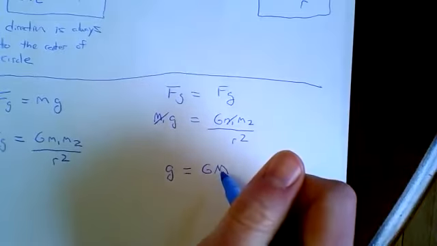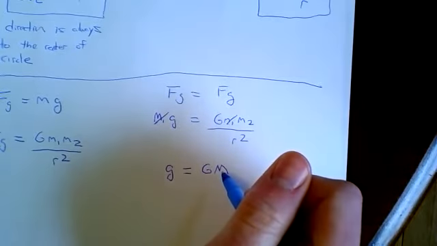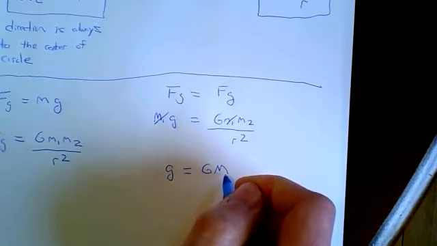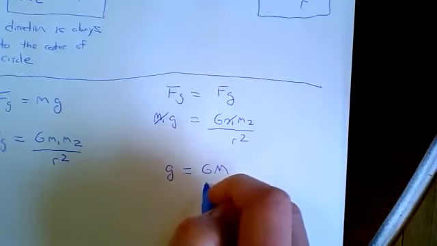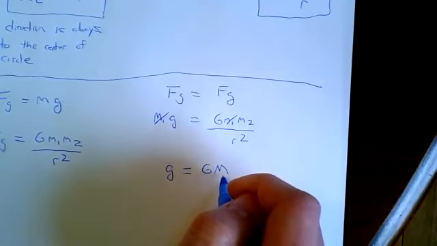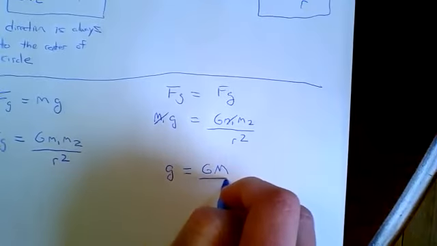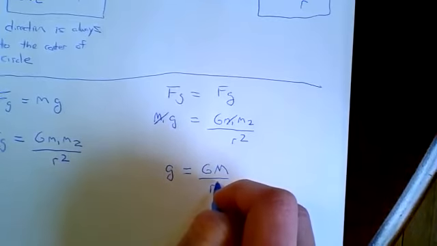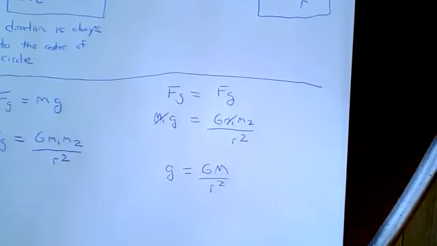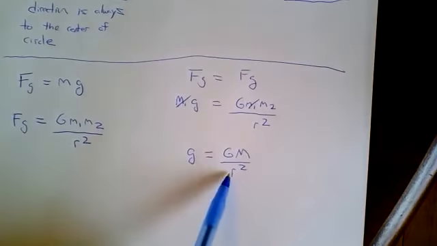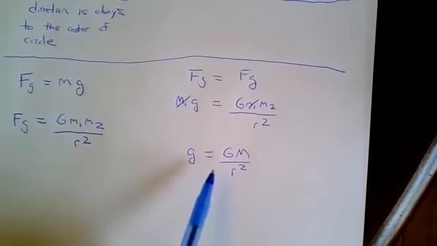Now a big M, because this would be the mass of the, likely this would be the mass of the planet you are on. And then the radius squared, you are from the center of it. This is also given on the AP sheet, but not in a really useful form that can be easily solved.